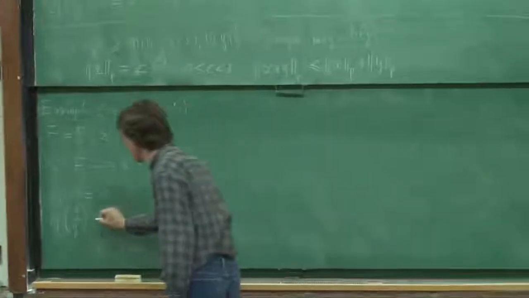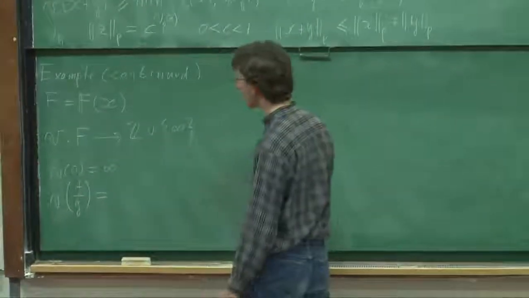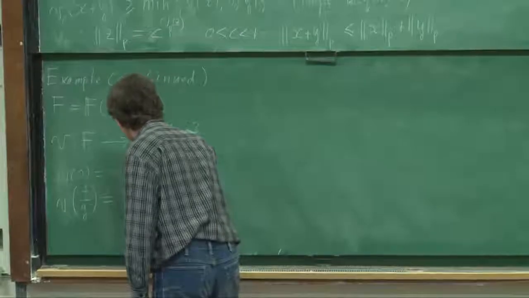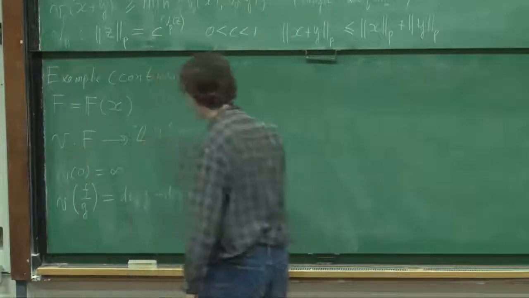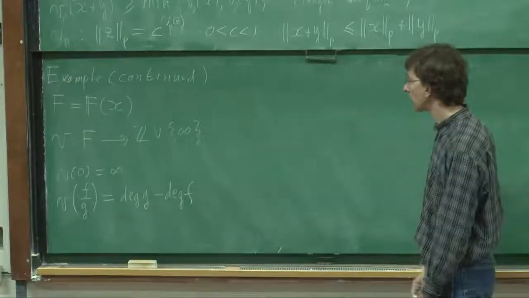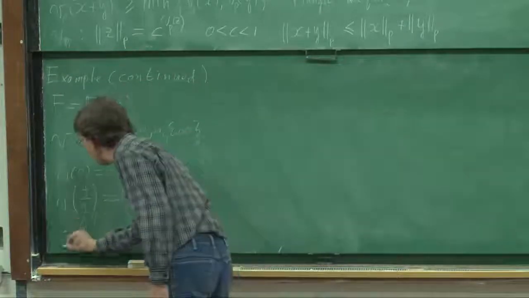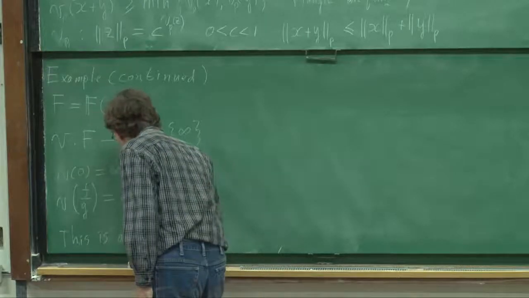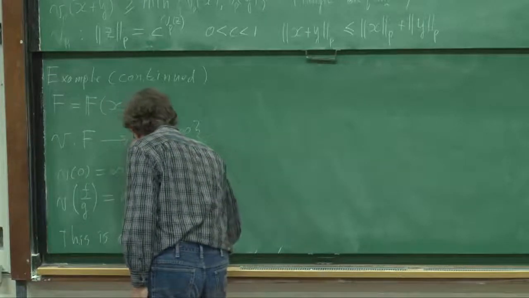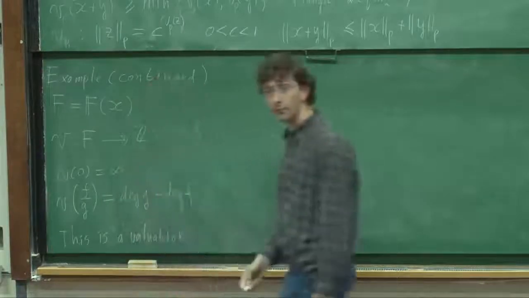What about sending a fraction of polynomials f over g to the degree of g minus the degree of f? And it turns out that this is a valuation. Please check that.